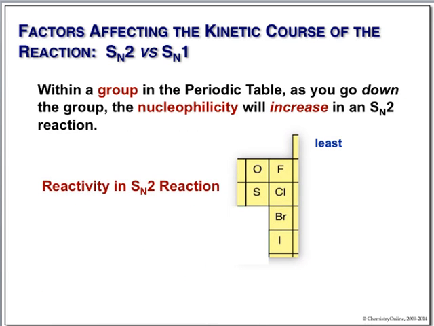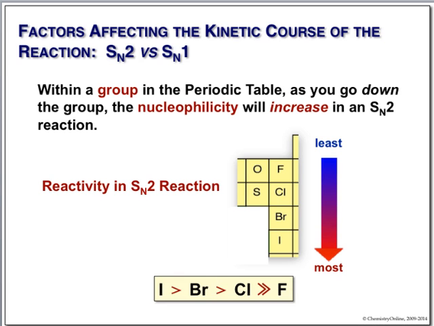There's also a periodicity effect. If you simply look at your halogens over here, as you go down the group, these become much, much better at SN2 reactions. Iodide is much, much better, and fluoride is really rotten. The reason for this has to do with polarizability.